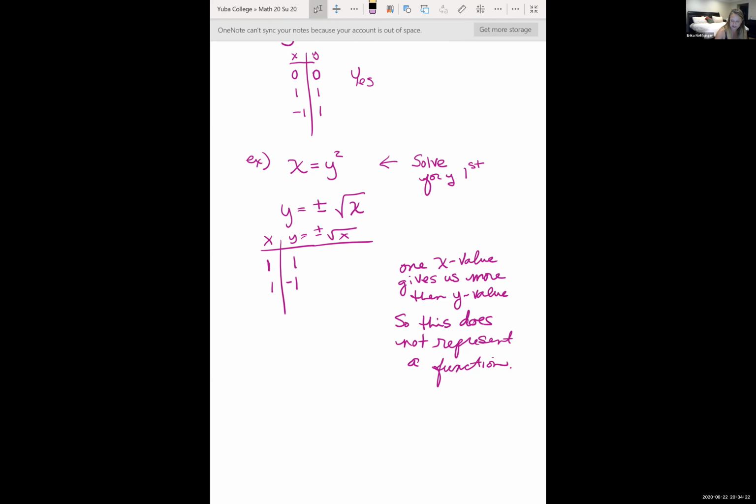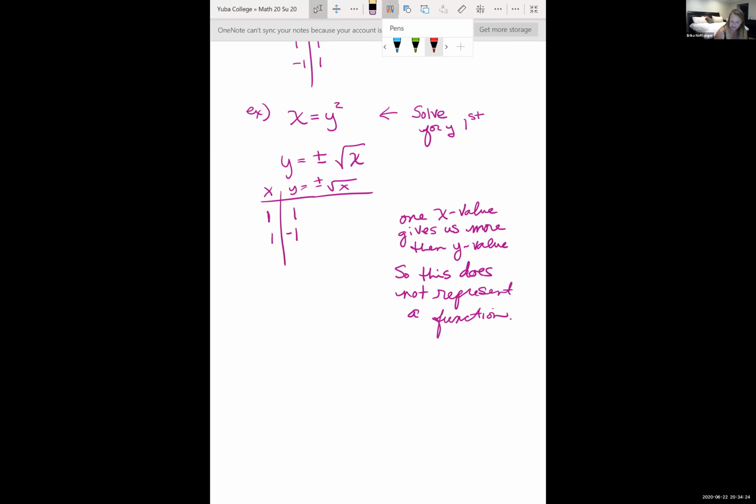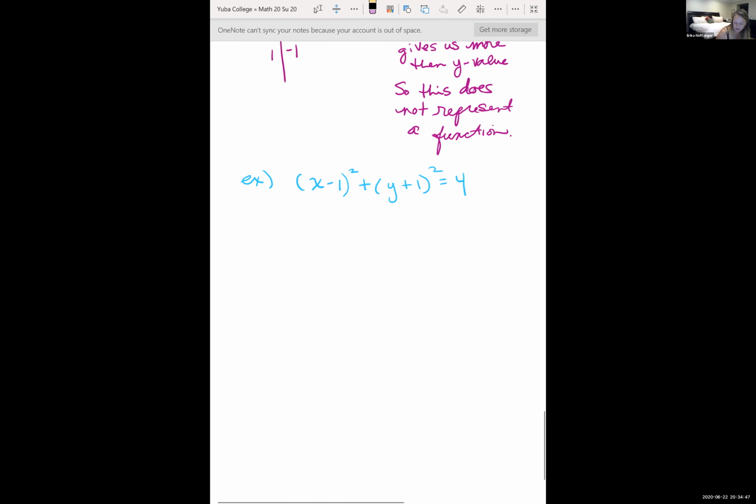Looking at another equation, let's say we had (x minus 1) quantity squared, plus (y plus 1) quantity squared, is equal to 4. Would this give us a function?